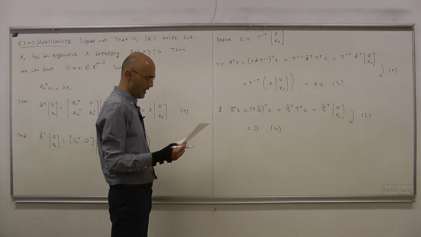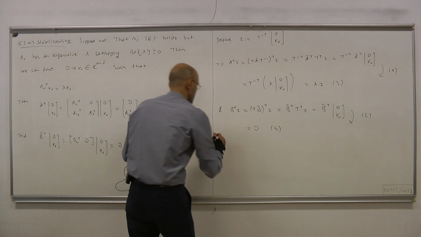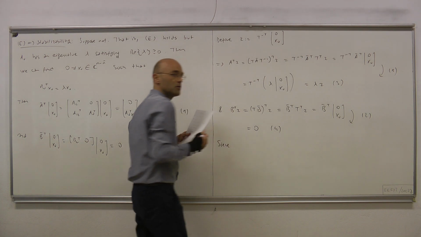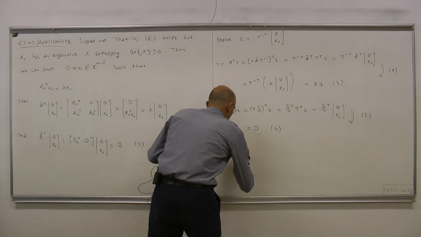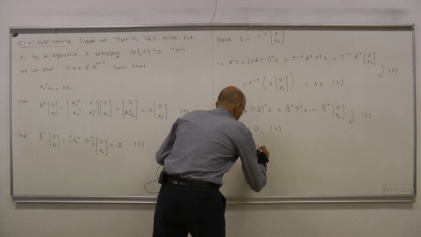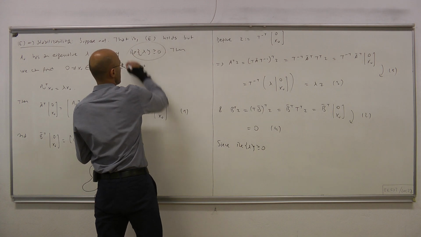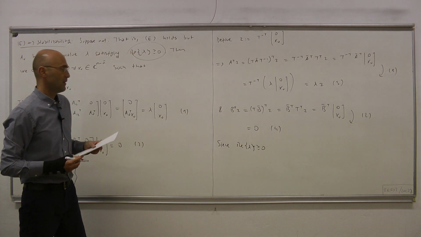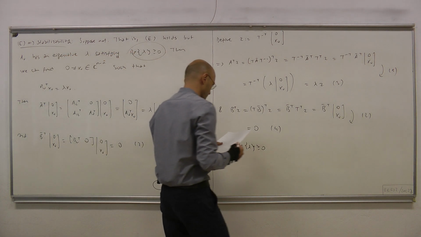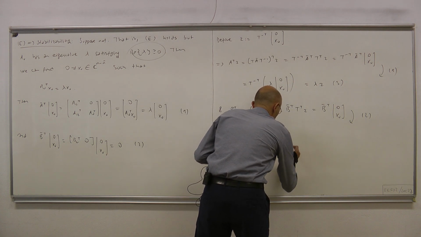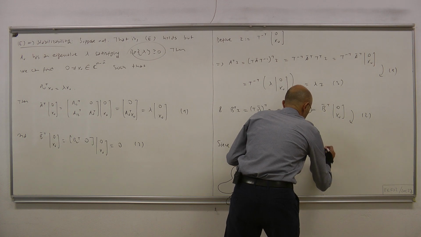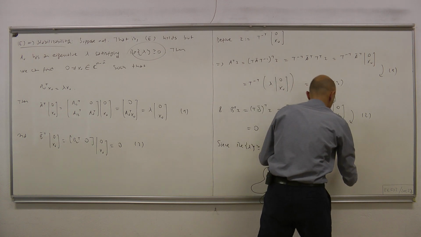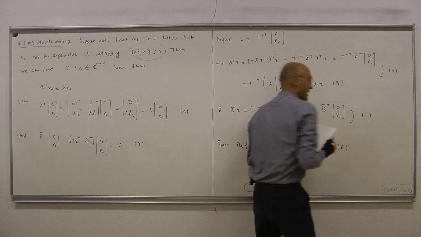Okay, and now what remains is just to write the concluding sentence. Since the real part of lambda is greater than or equal to 0, 3 and 4 clearly contradict the statement of the eigenvector test.